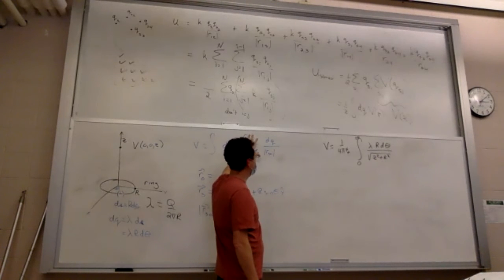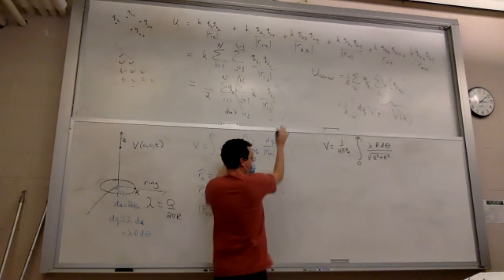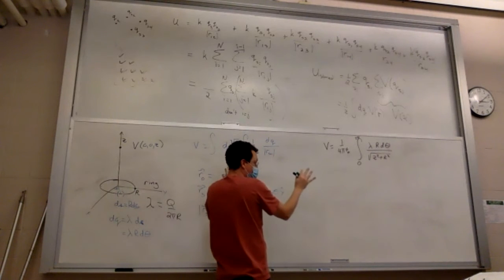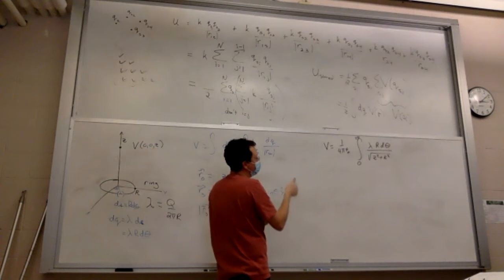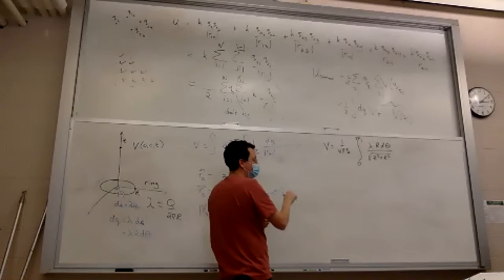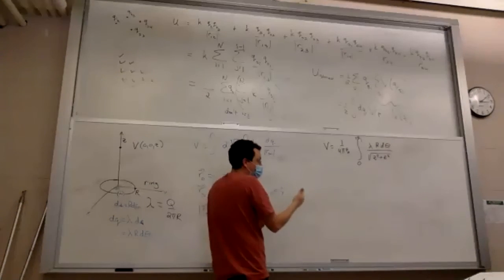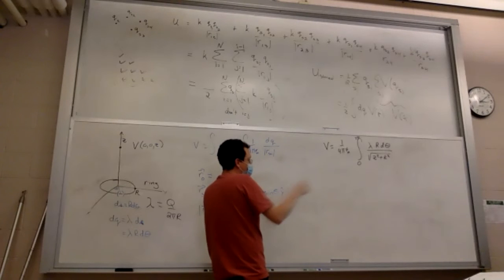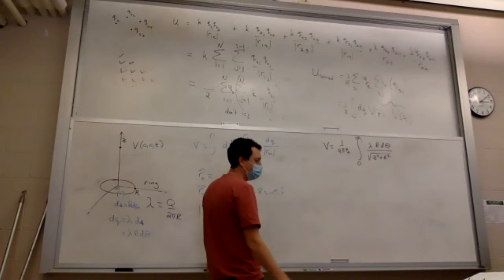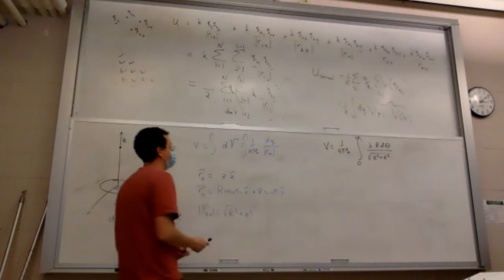Start with the correct formula. Plug everything in without rearranging it. Then say, is something a constant or not? And then you can rearrange and pull the constants out. But do it in that order. Some of you started by rearranging and then writing the integral down, and then it's all wrong.